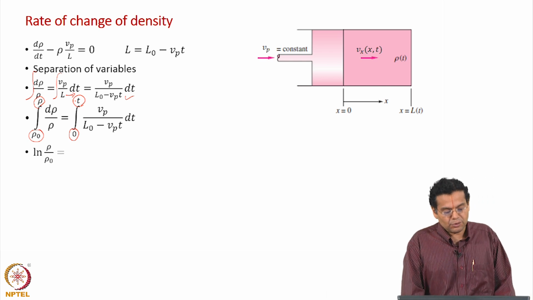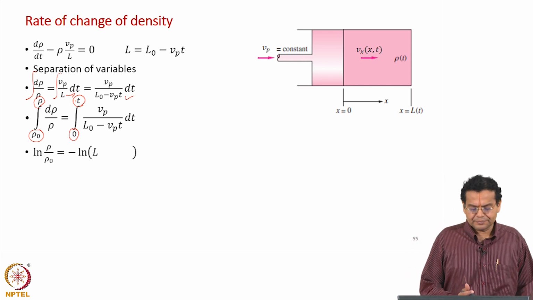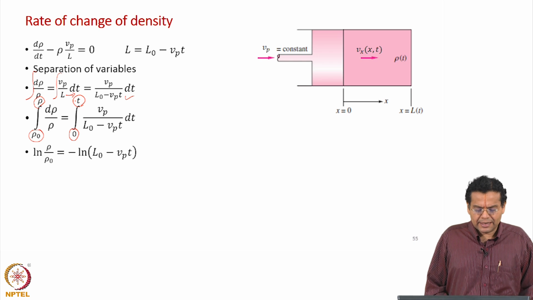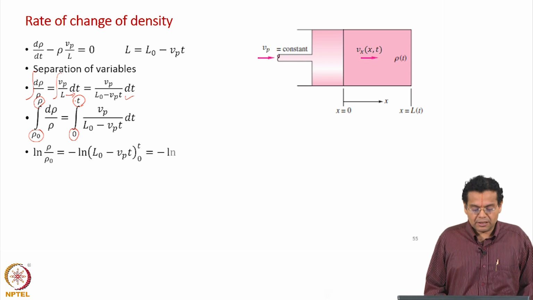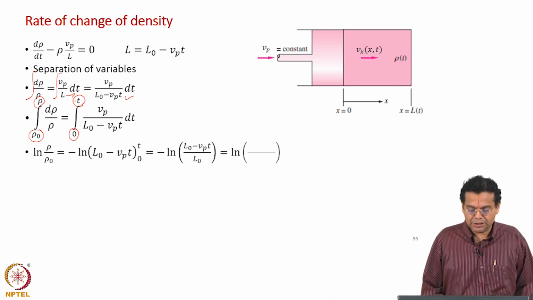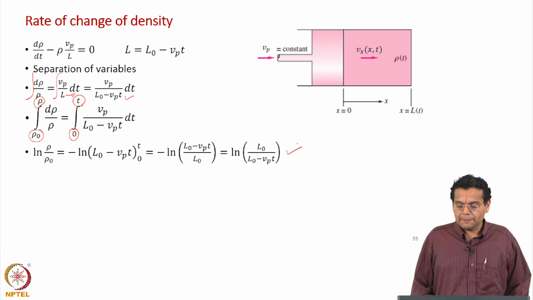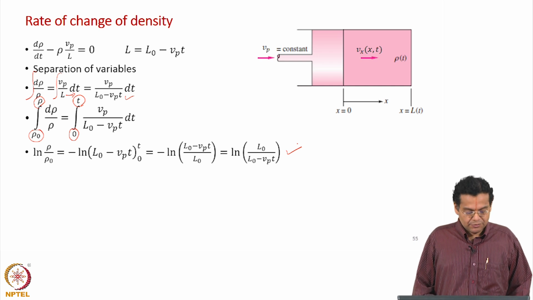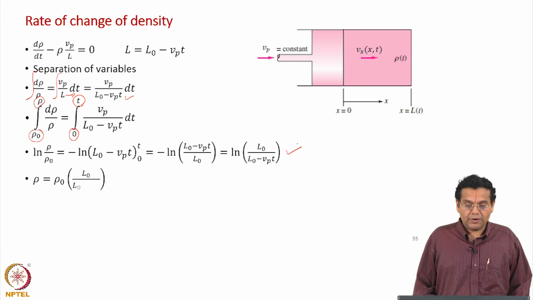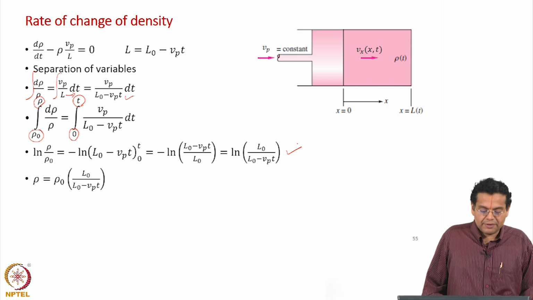We have ln rho by rho naught on the left hand side, and on the right hand side minus ln of L naught minus V p t, between the limits t and 0. Substituting the limits, you get this expression, ln L naught by L naught minus V p t, from which we get an expression for how density varies as a function of time.